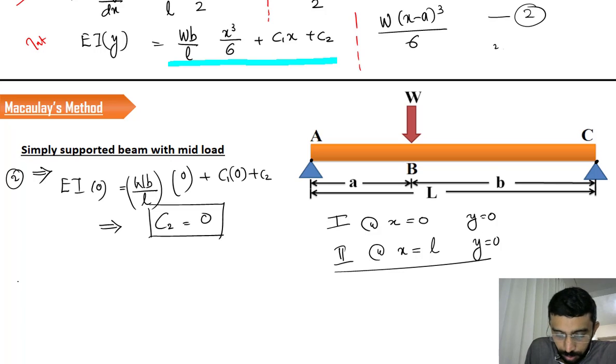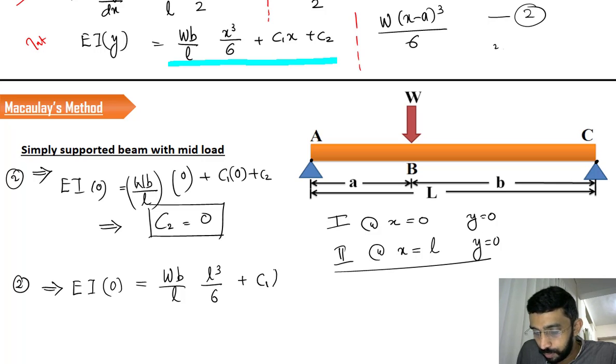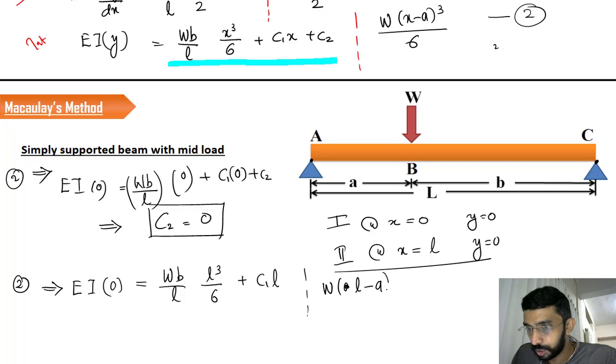So equation 2 is going to give you something like this: EI into 0 equal to WB by L into, x is going to be L, that means L cube by 6, plus C1 into L. Now we have the second block: W into (L minus a) the whole cube divided by 6.